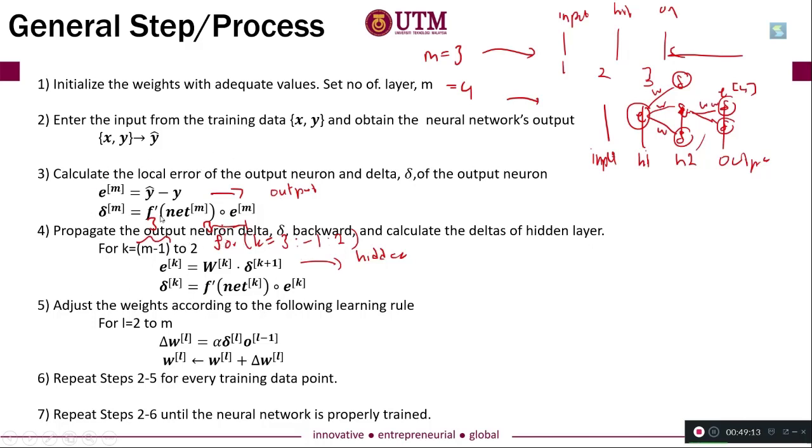The output layer, this is the definition to find the E. It's not similar to the hidden layer, but for the hidden layer it doesn't matter how many you add, you still use this expression to find the E. Once you find the E and this delta, then you can find all the updaters belonging to this neuron in an artificial neural network, and then you can update.